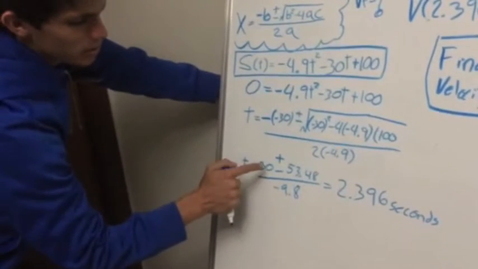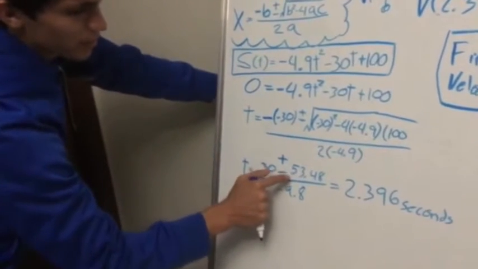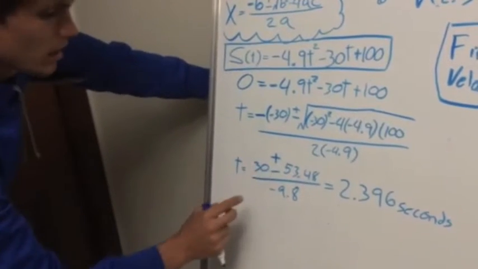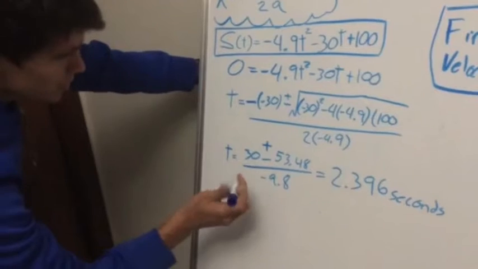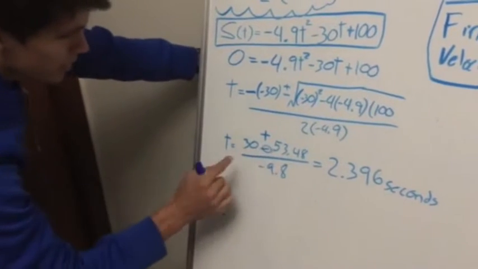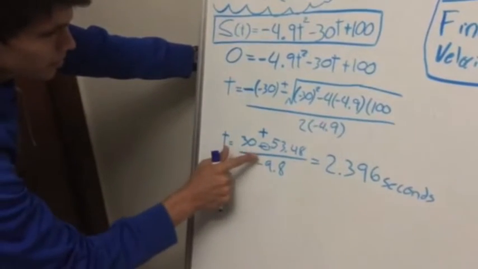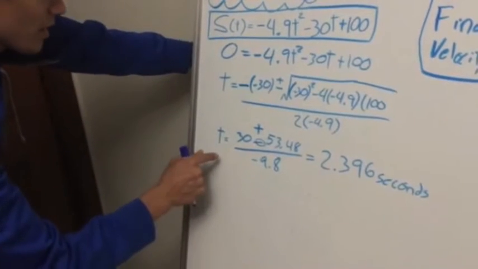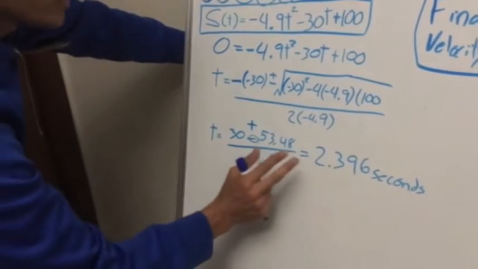We need to decide if we will use 53.48 as positive or negative, and we decide to use it negative so that the time will be positive, because a negative over a negative value is equal to a positive value.